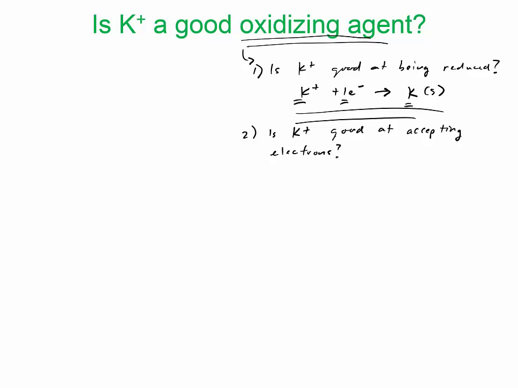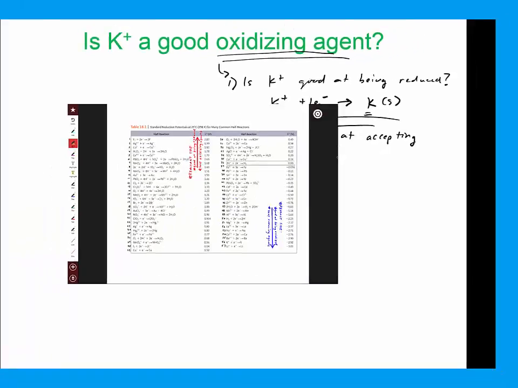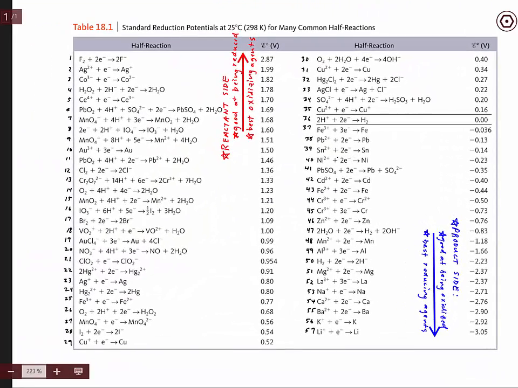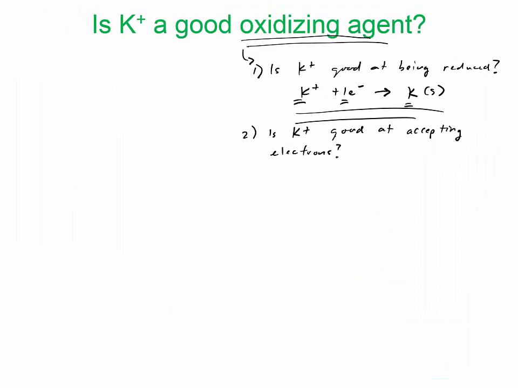We can look at our SRP table and see how well the potassium ion does at accepting electrons. Here's the potassium ion, and we see that it's quite terrible at accepting electrons. It's negative 2.92.